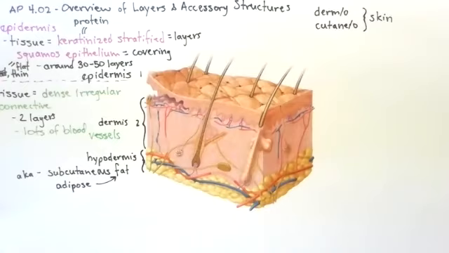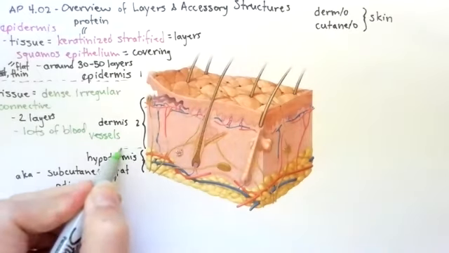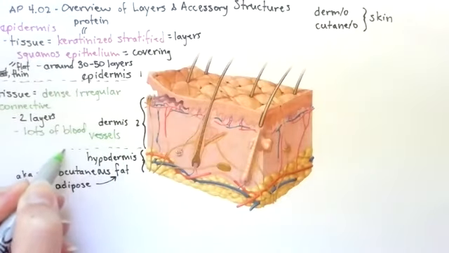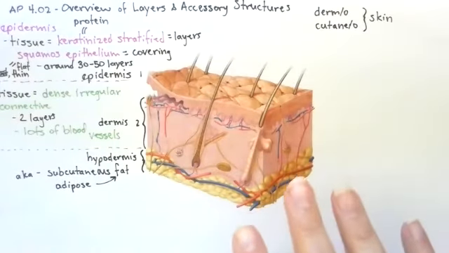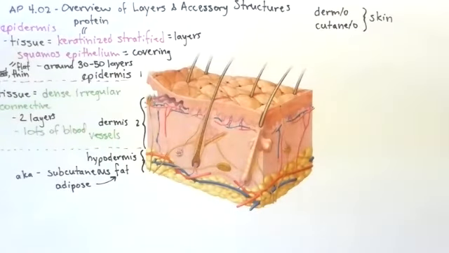The answer is no. So the dermis has to supply all of the blood for the epidermis. And that's not too big of a problem because it's only the bottom of the epidermis that's alive. Most of the cells in the top of the epidermis are dead. But let's add that to our epidermis, no blood vessels.